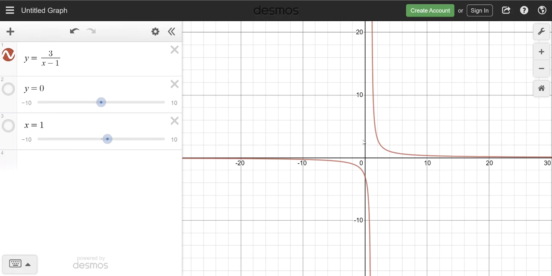So here we have y equals 3 over x minus 1. Take a look at what has happened now to our asymptotes. Particularly, I want you to see the x equals 1 right here. Look at this function, x equals 1, this straight line. This is the line that the graph is approaching. And if you look back at the denominator, you'll see that x equal 1 is the excluded value.